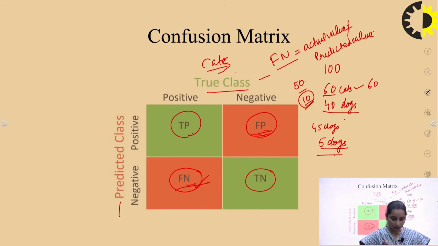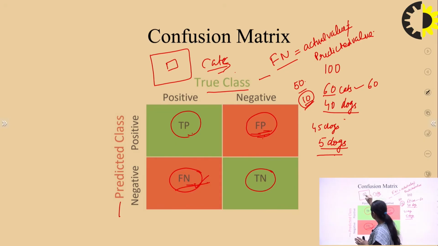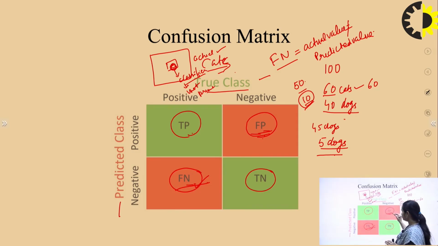Or let's take one example. This is an image. At this particular pixel, there is some value which is actually present. Actual value is there. But according to the classifier, the value is not there, not present, right? Actually, there is something, but the classifier is saying there is nothing here. So in which category will it come?